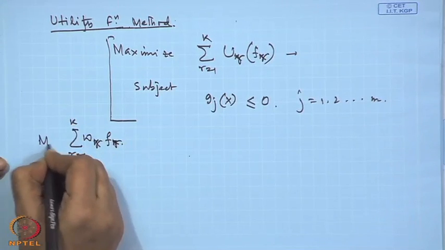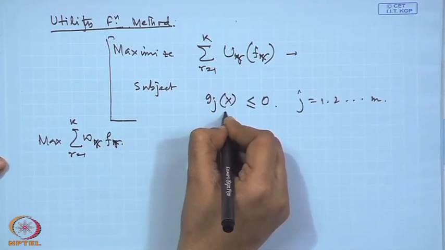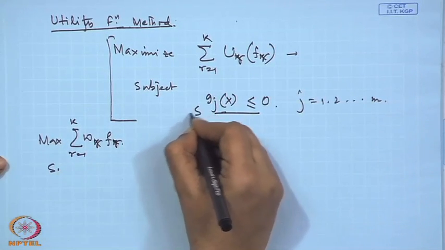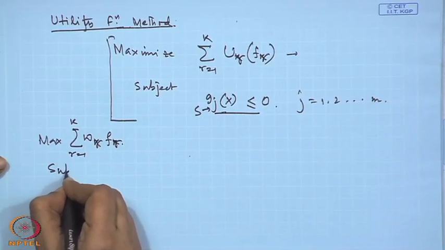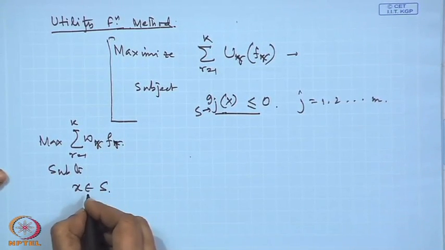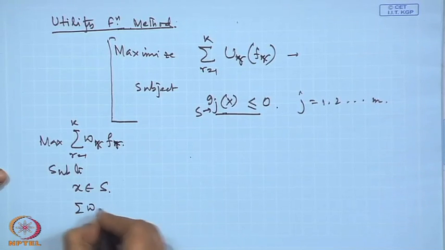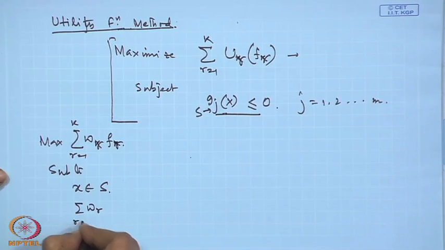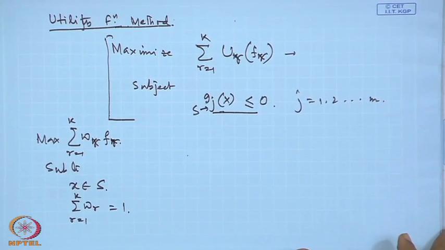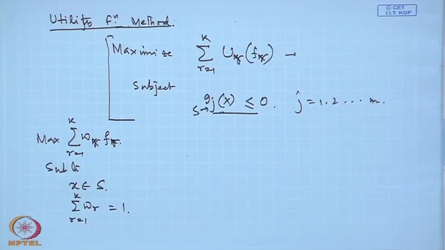We can maximize this subject to the same set of constraints. Say this is S, then subject to x belongs to S, and the summation of all weights is 1. That is the idea for the weighted function method.